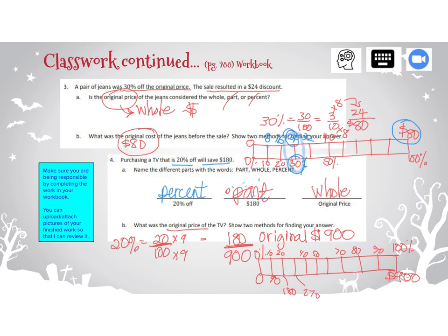See, I'm just doing my multiples of 9. 270, then I'd go 360, 450, 540, and then 630, 720, 810. I'm not writing them all in because I don't have a lot of space, but what I'm showing is the final response of 100% full price is $900. That's what I'm trying to show.